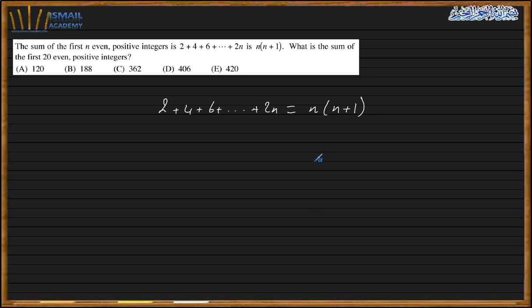So it is the sum of the first 20 even, so that means n equals 20. Which means I will have 20 times 20 plus 1, which is 20 times 21, which is 420. So this is the sum of the first 20 terms.